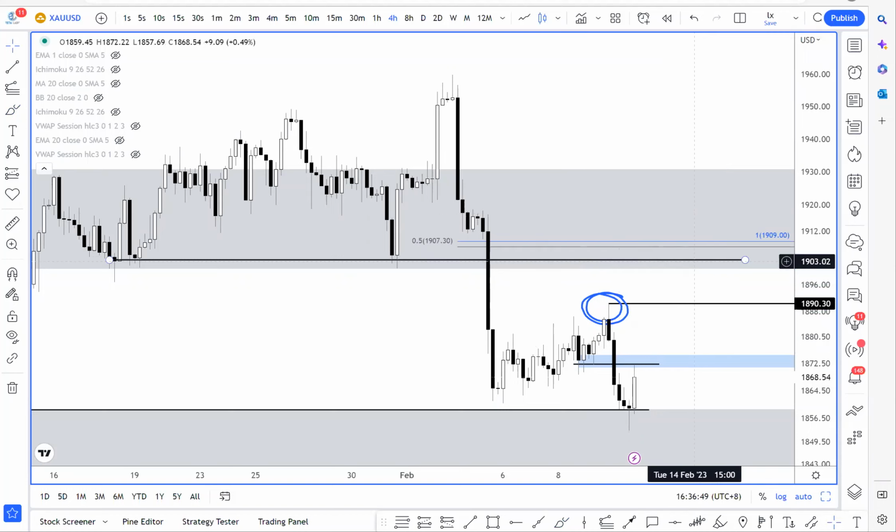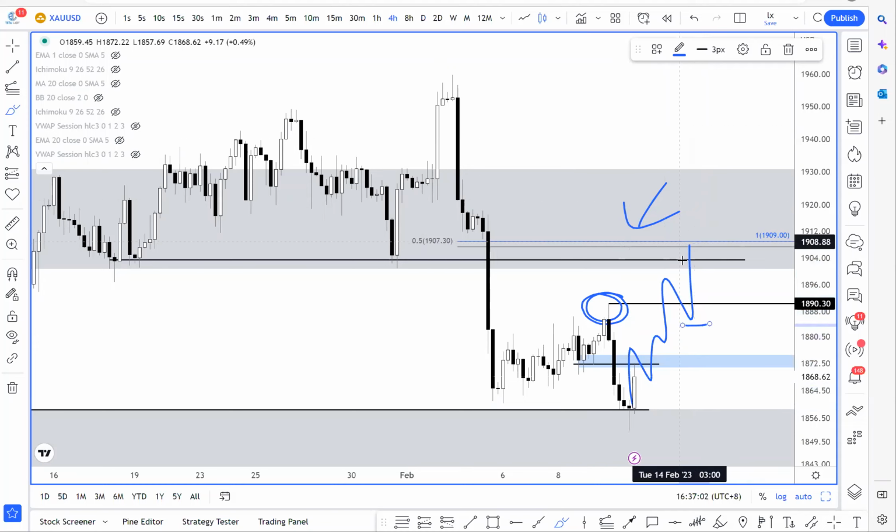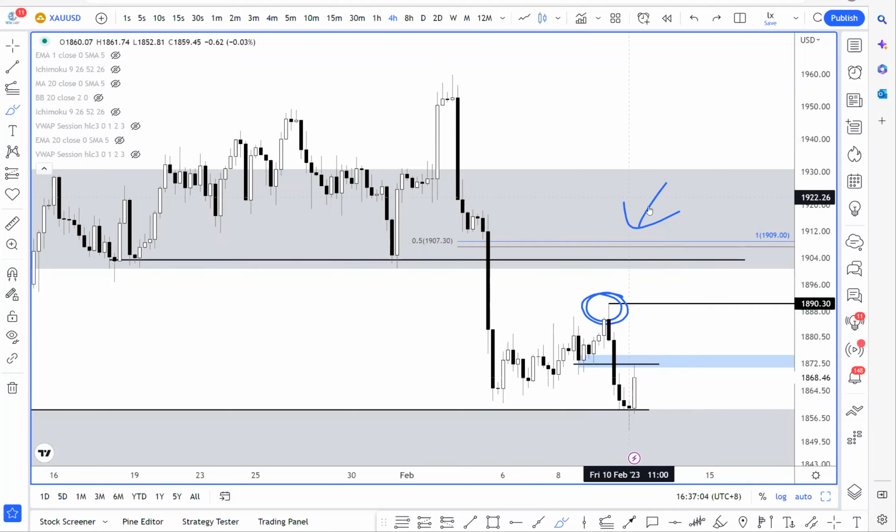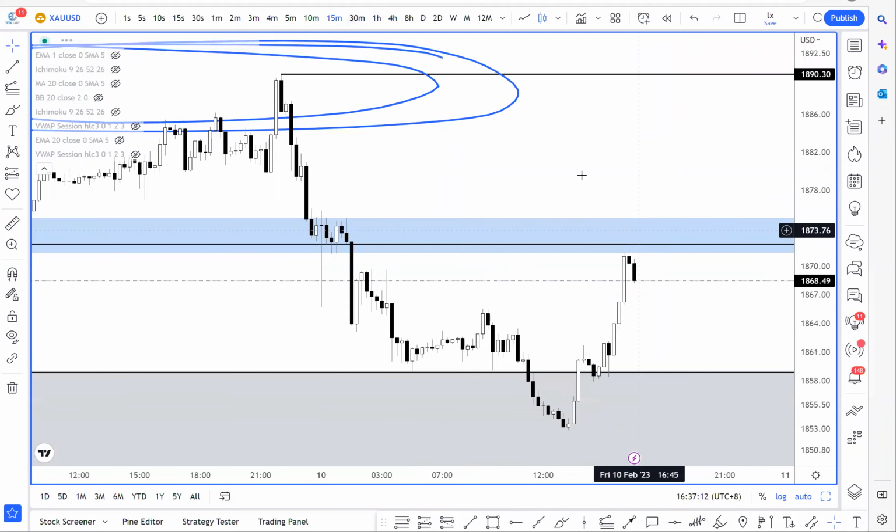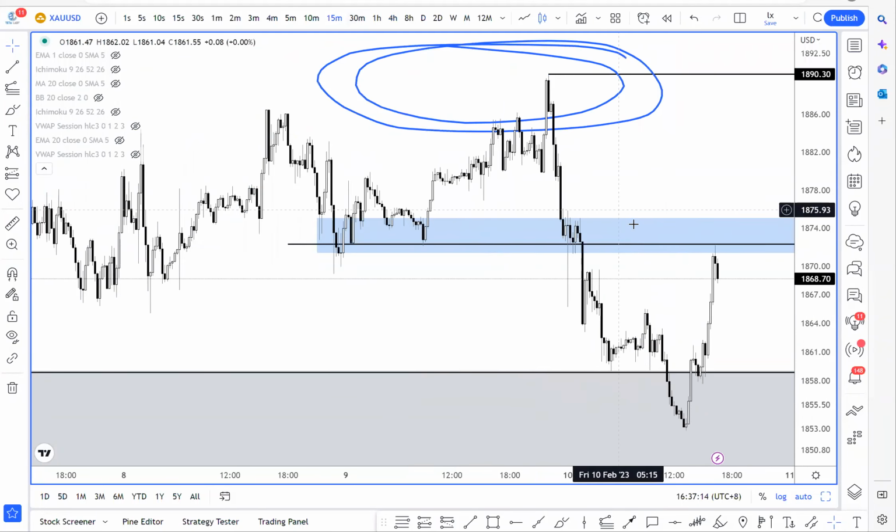So how do we know when the big move is going to happen? It's when there is a change in market structure. If you're on the 4 hours, then you might want to look out for the 15 minutes change in market structure. If there's a deep pullback into this zone, for this zone to be respected, the change in market structure will first happen on your smaller time frame.